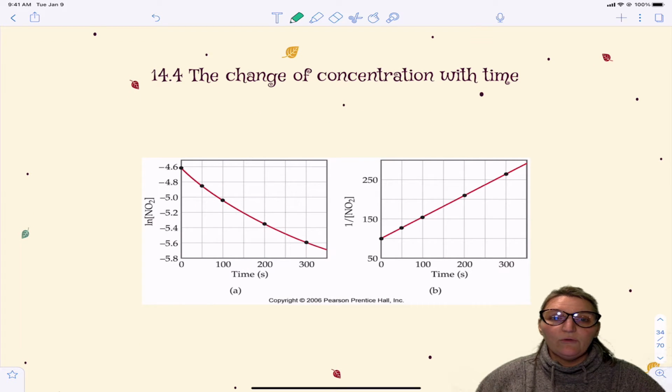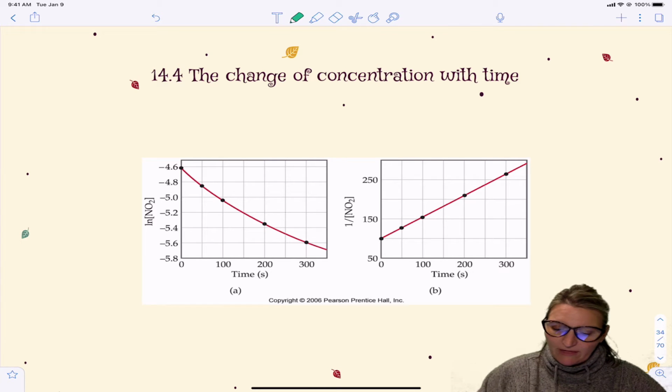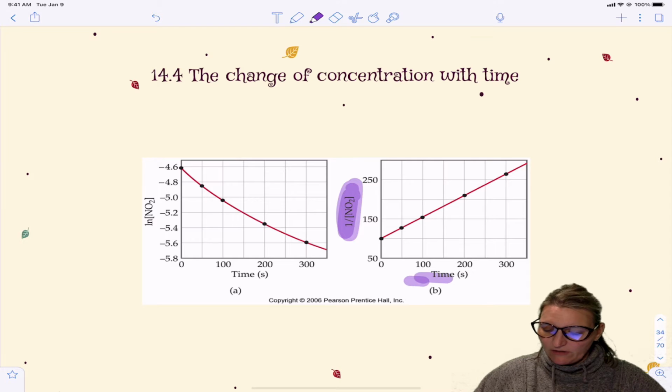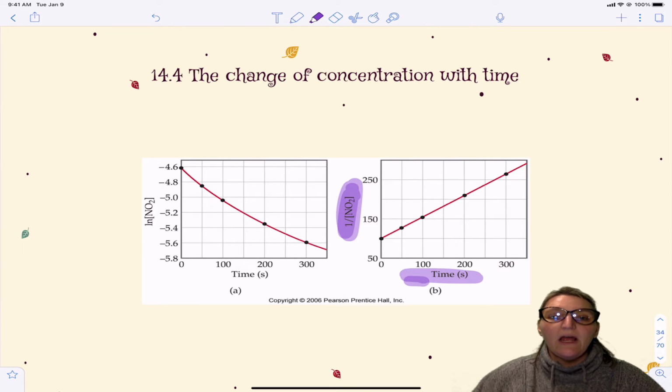Similar to what we just looked at for first order, second order will form a straight line if we graph 1 over the concentration versus time. So this is another way that we can identify if a reaction is first order or second order.